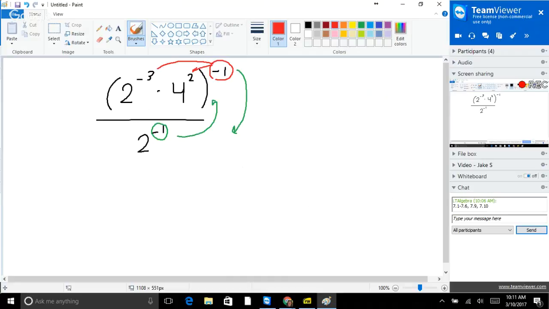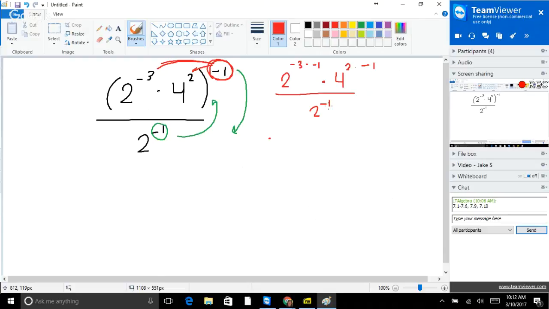So I'll start with the red method, which is we're going to distribute this -1. So the new problem, if I distribute this -1 exponent, would be basically 2 to the -3 times -1, because when you have an exponent to an exponent, you multiply them together, times 4 to the 2 times -1, over 2 to the -1.